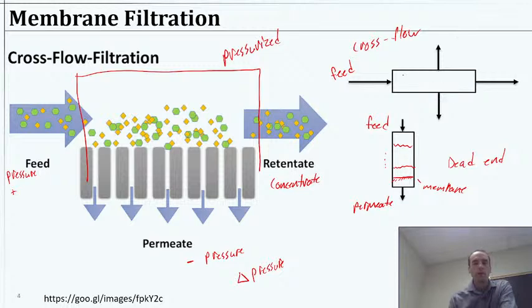We could draw it just as easily like this, and it would still be correct so long as we change our labeling, right? So I'm going to go back to the way I drew it first, in case you already started that way. It doesn't really matter too much so long as we check that this one does not make it through the membrane, so that's the retentate.